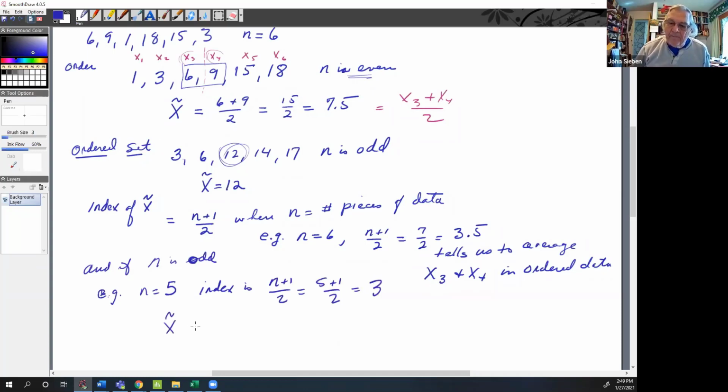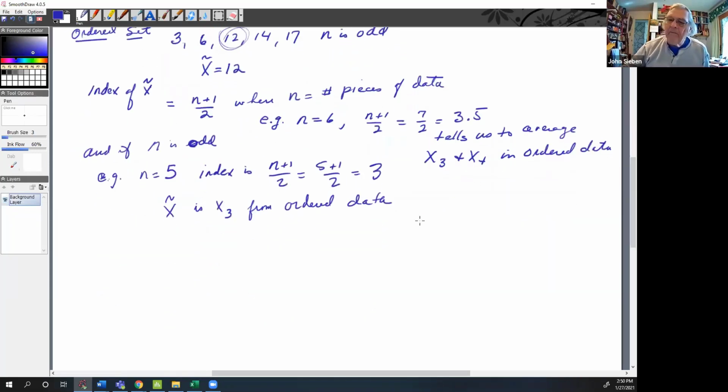So x tilde is x3 from the ordered data. And the utility would be, suppose that our data set n is equal to 537.